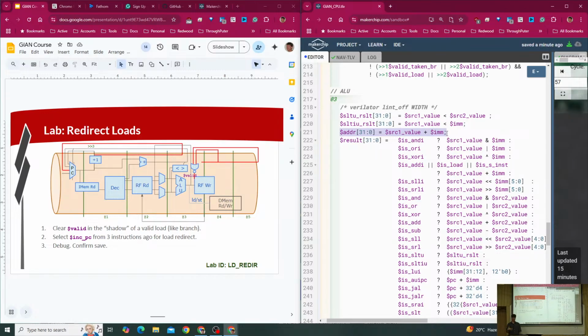Load and store do not need to write the register file like other operations, right? Store has no destination register, and load, we have to go out to memory to get its destination register value. So the normal path of writing the register file is not used for either of those instructions. So we're not using the result computation from the ALU. We may as well just use the ALU to do the computation of the address, okay?